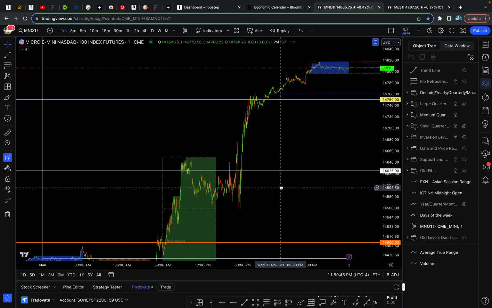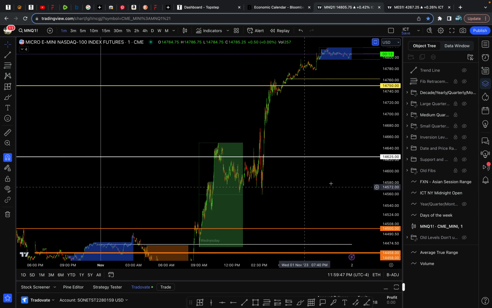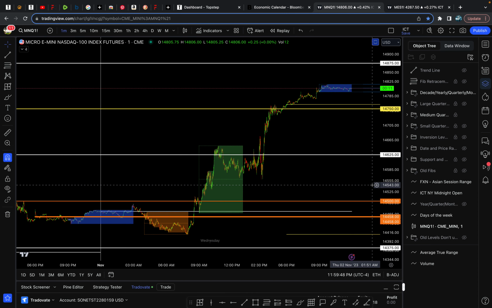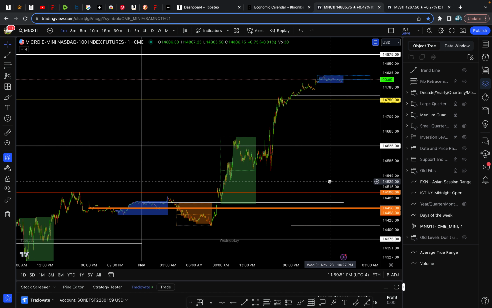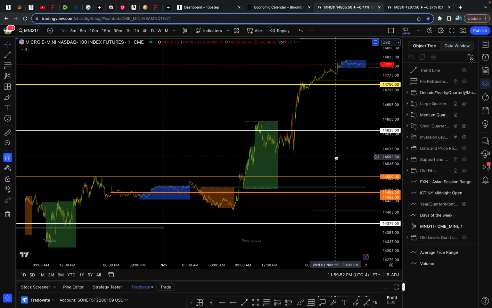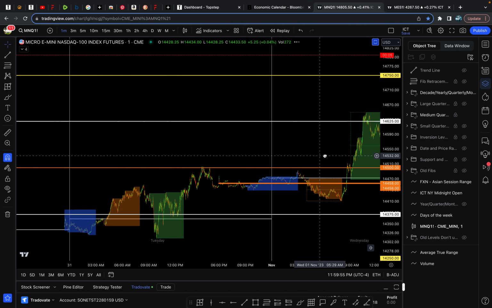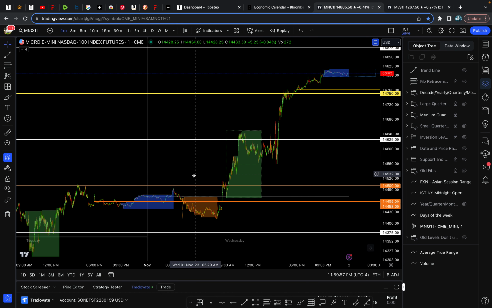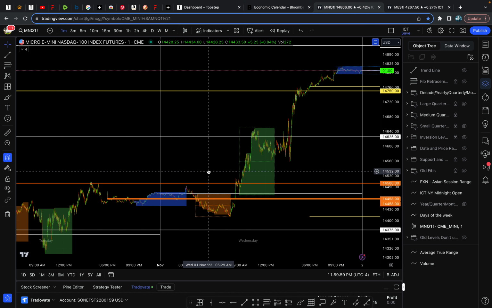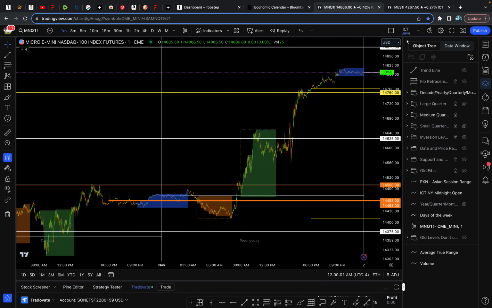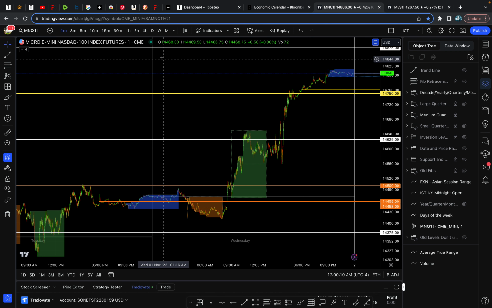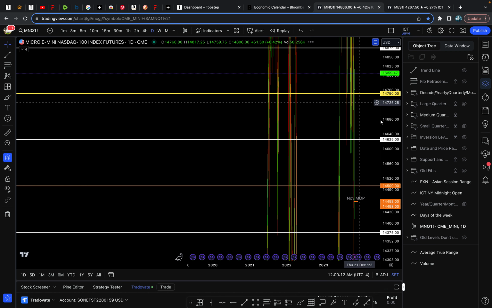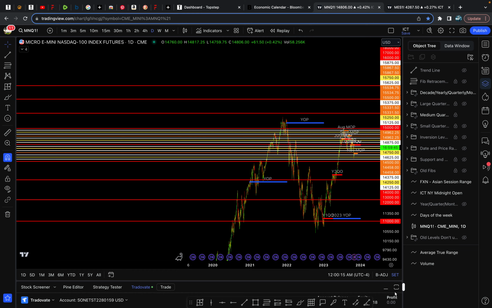Only an idiot trades the Asian session. I'm not saying you can't make money if you're highly leveraged. Basically, I would have to trade the NQ E-mini, but right now I'm trading the micro. Anyway, let's get back to what we were saying.